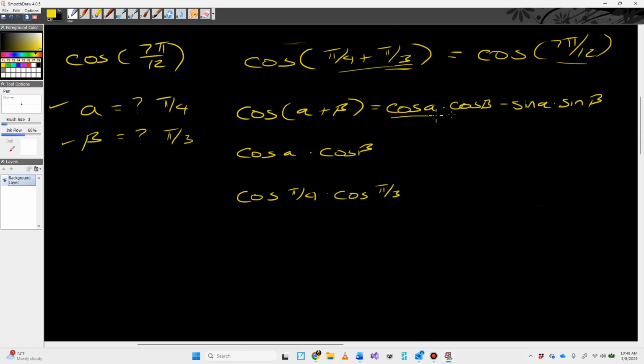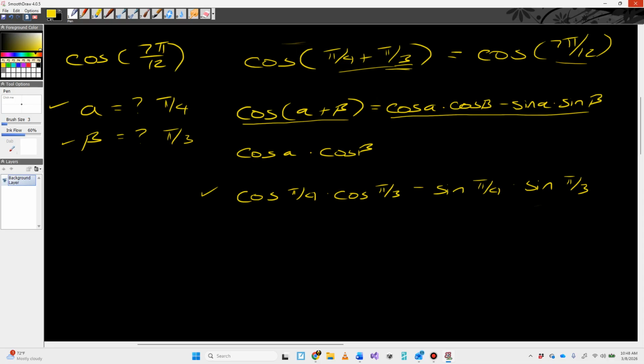I'm using this formula. I'm then going to take the sine of alpha, which is the sine of pi over 4, and I'm going to be multiplying that by the sine of beta, which is pi over 3. This formula can be expanded into this statement.